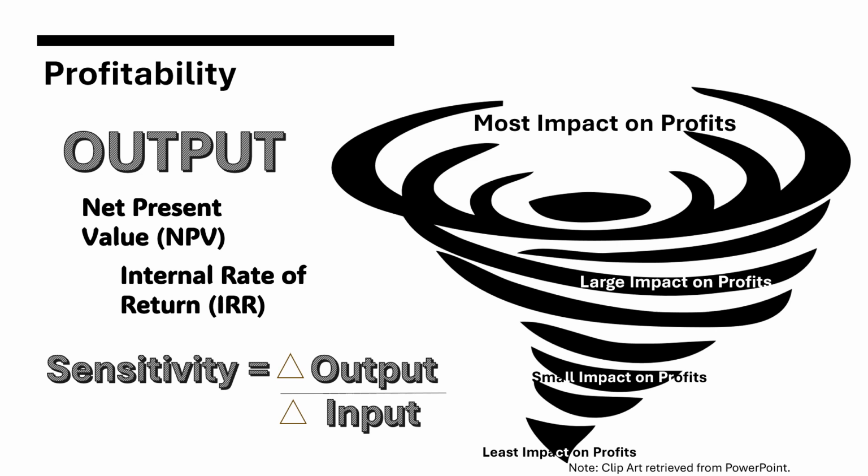Similarly, if the internal rate of return, or IRR, surpasses the discount rate, we again classify it as a sound decision, and vice versa. In this context of profitability, we quantitatively assess our findings through sensitivity analysis, focusing on outputs such as the NPV and the IRR.